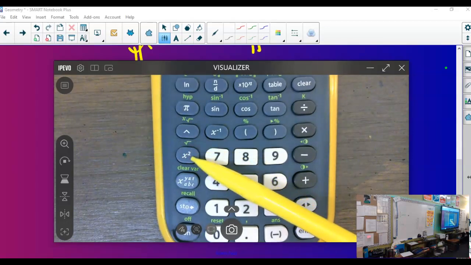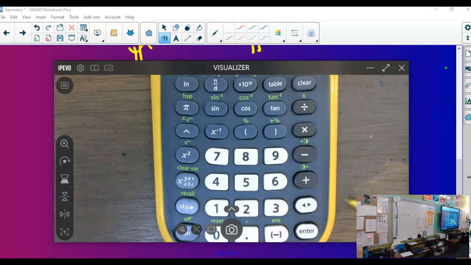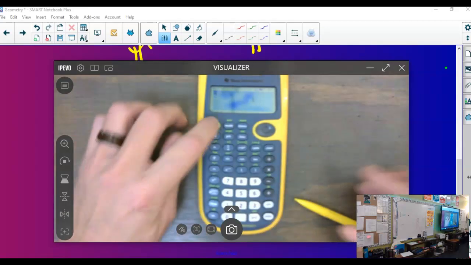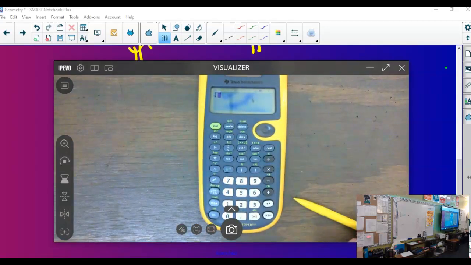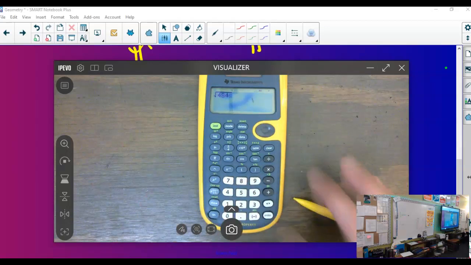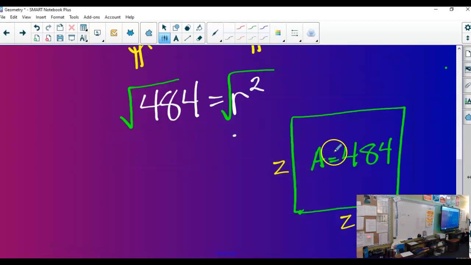So if you want to square something, you hit this button. If you want to square root something, you hit second, and then that button. It puts in our square root symbol. We type 484, and we figure out, oh yeah, 22 times 22 would give us a square with area 484.